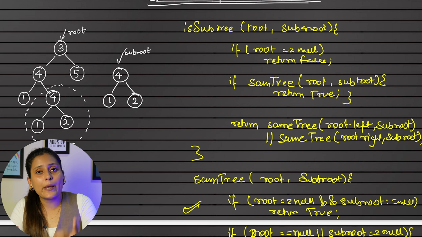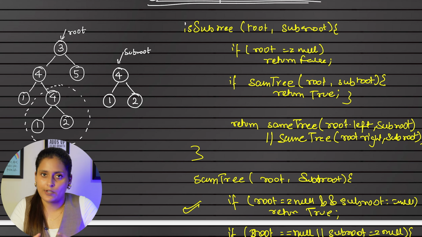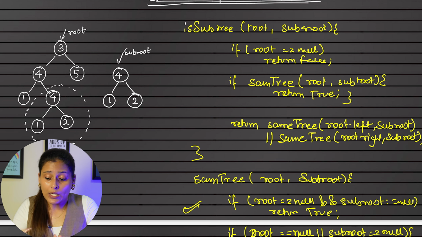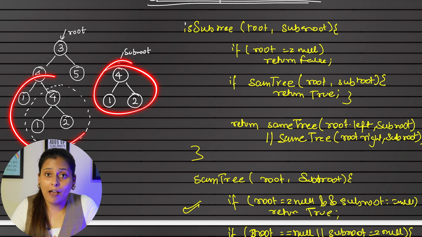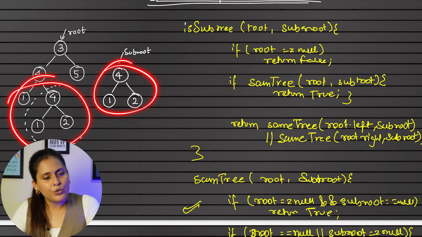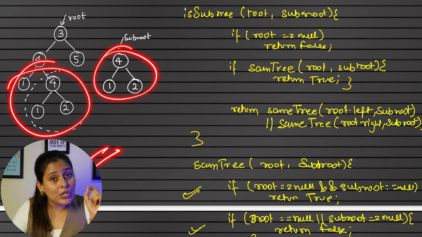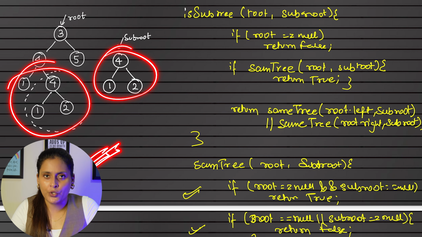In BFS, the space complexity will be exactly 2n because there we will be using queue data structures. But still, if you have any doubt, the same tree check we have already done in our previous video, both with BFS and DFS. So you can definitely check it out there, and you can try submitting this code using BFS on your own. And if you have any doubt, do let me know in the comment section.